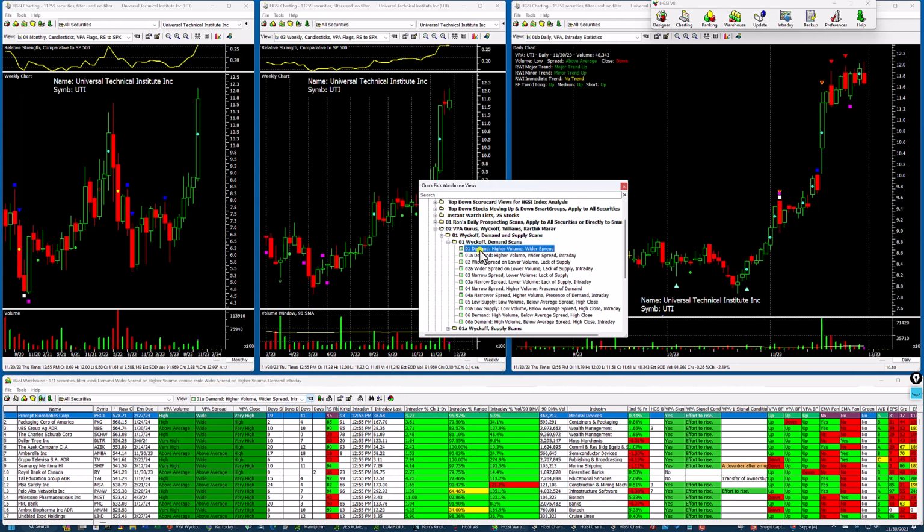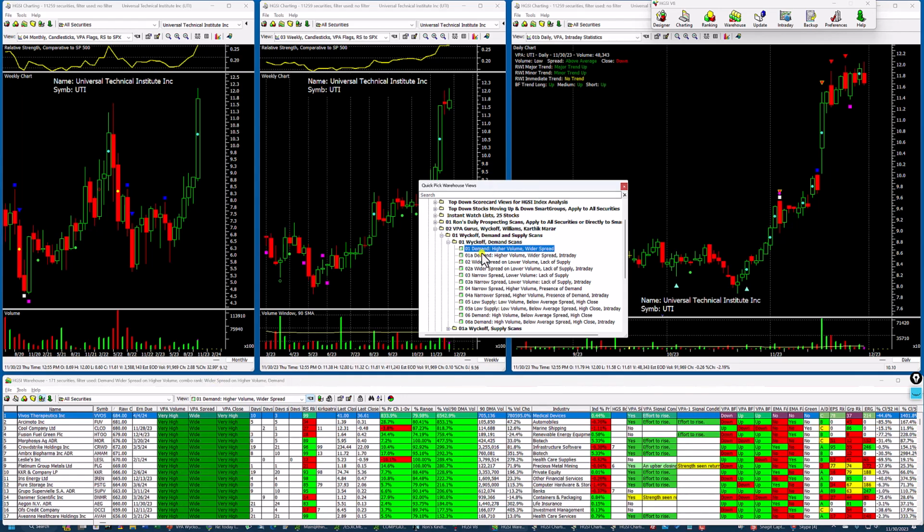So I'm going to start with the demand scan, and here is the end of day, and it sorts on a combo called wider spread on higher volume demand.